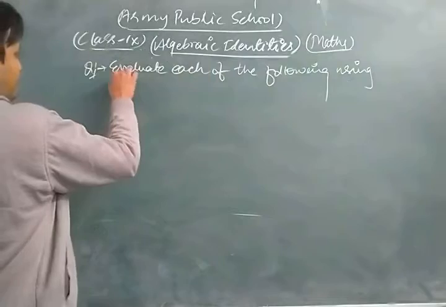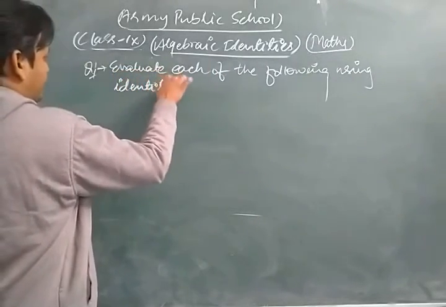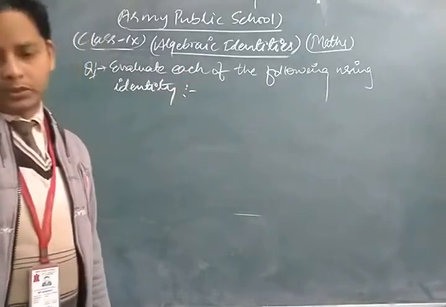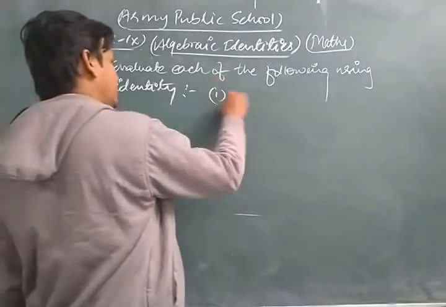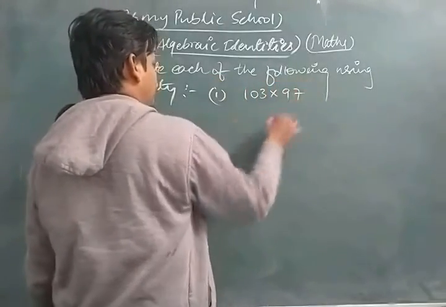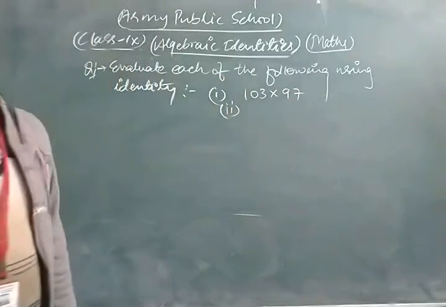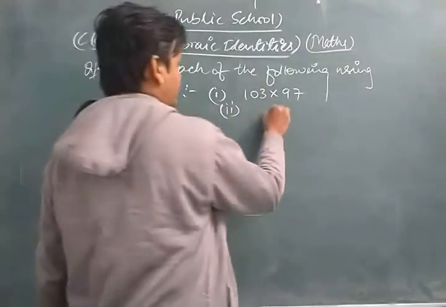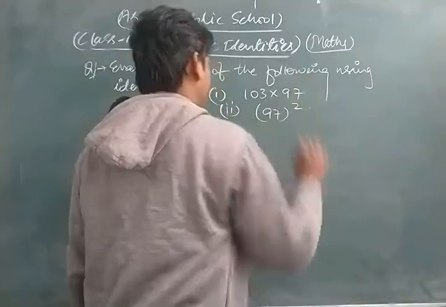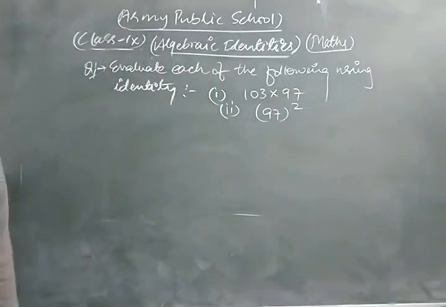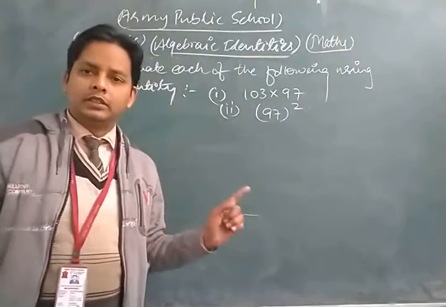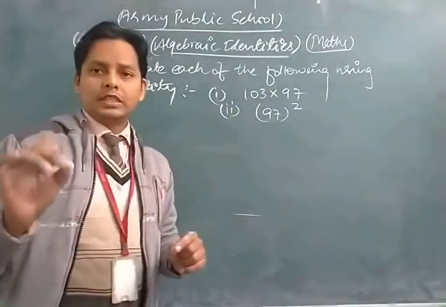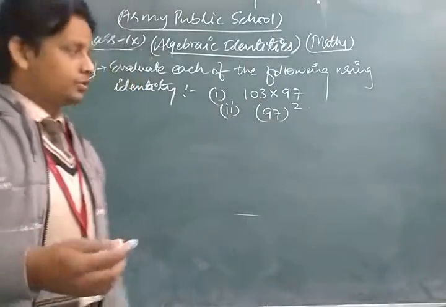And the first part of the question is 103 into 97, and the second one is 97 whole square. Okay, so dear friends, these are the questions. Now we just evaluate each of the following by using the algebraic identities. So let's see its solution.